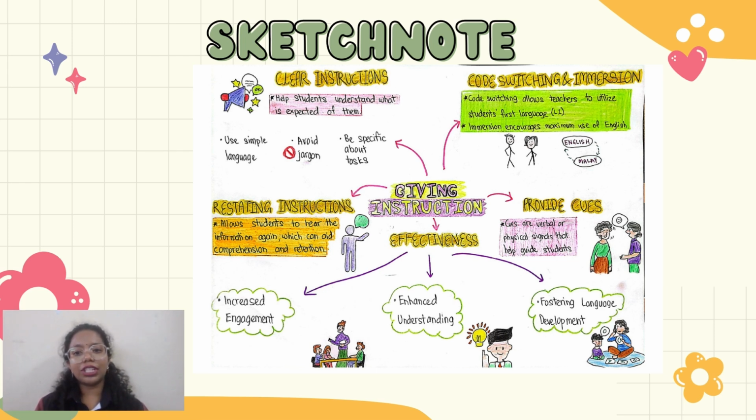Next, code switching and immersion. Code switching refers to alternating between languages in order to clarify concepts, while immersion focuses on maximizing targeted language exposure. Teacher Wall strategically uses both methods to balance clarity and language practice.